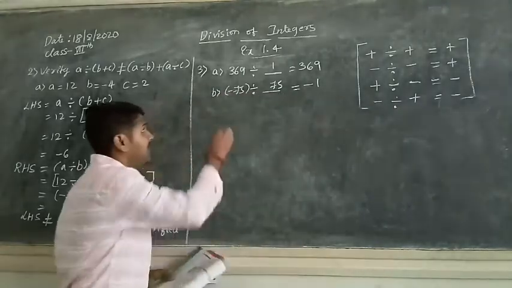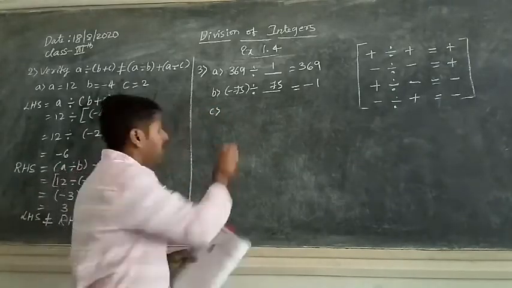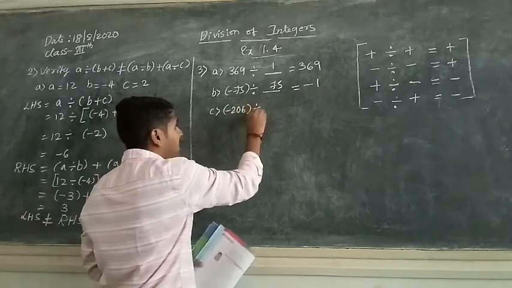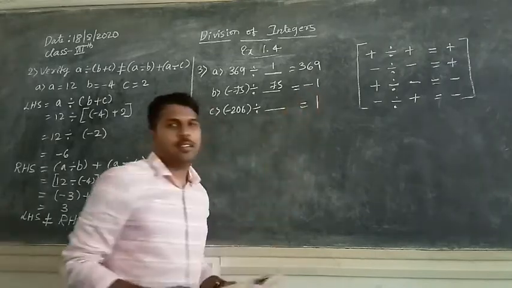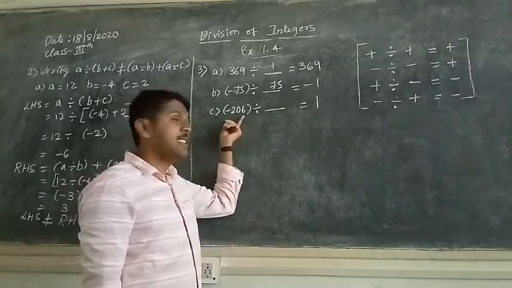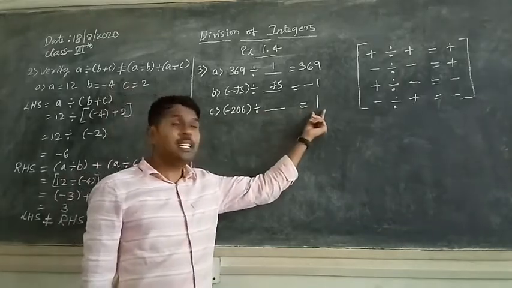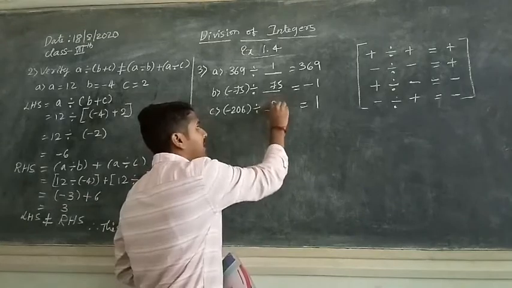So next, C. Minus 206 divided by blank equals 1. Again, dividing an integer by the same integer, we get the answer 1. So here 206.